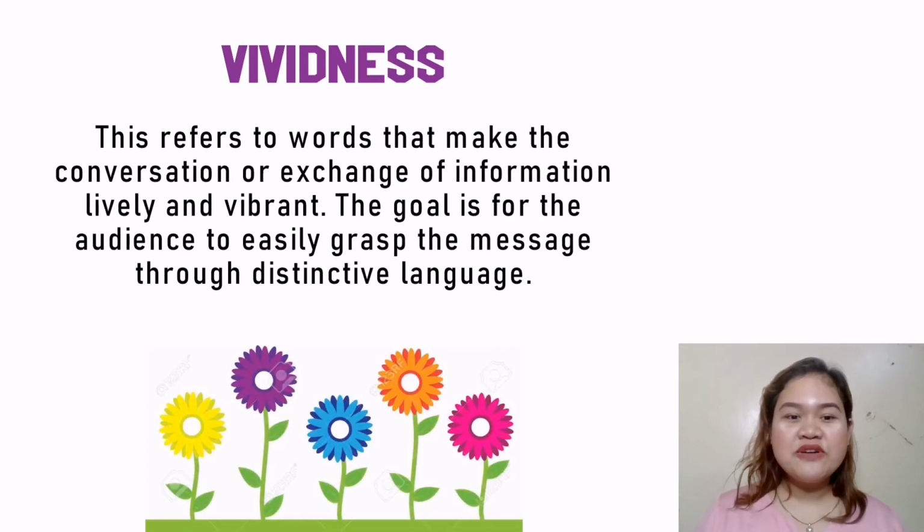The last consideration is vividness. This refers to the words that make the conversation or exchange of information lively and vibrant. The goal is for the audience to easily grasp the message through distinctive language. This language should appeal to the senses so that the speaker can elicit an active and vigorous response. Usually, we use adjectives to make the speech more vivid.